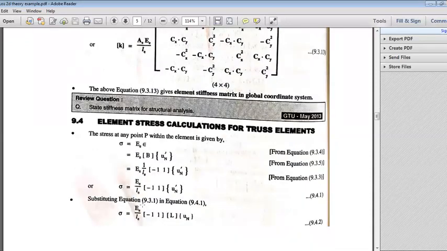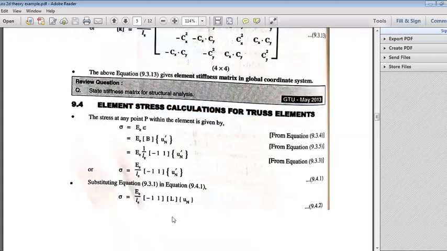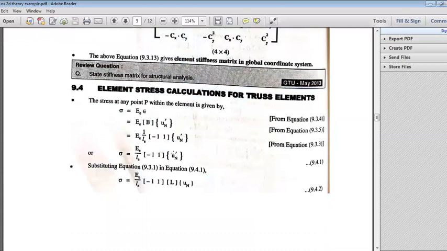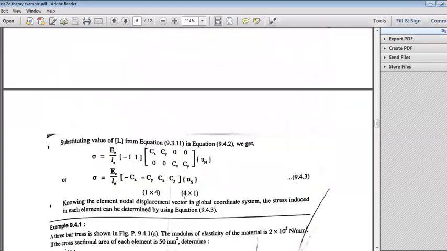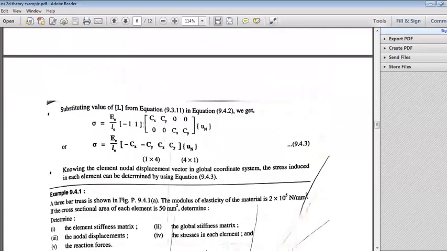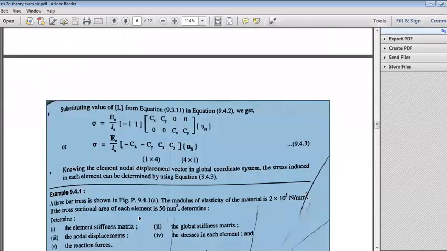Element stress calculation: we have already done this stress calculation in the 1D problem also. So what we have to do here is the same way, E upon L minus 1 1 UN. Similarly, here the transformation matrices are different compared to the global stiffness matrix, right?